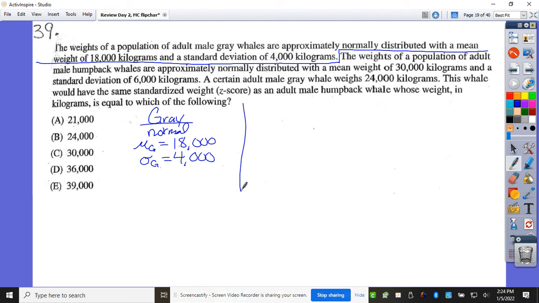And then the second sentence here starts talking about a different kind of whale. It also says those are normal. It says that mean is 30,000. It says that standard deviation is 6,000.